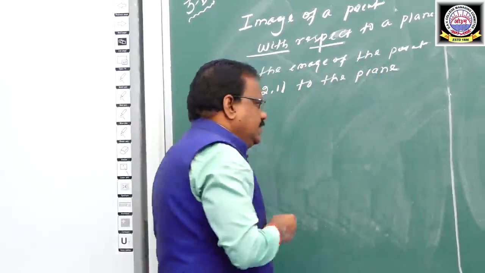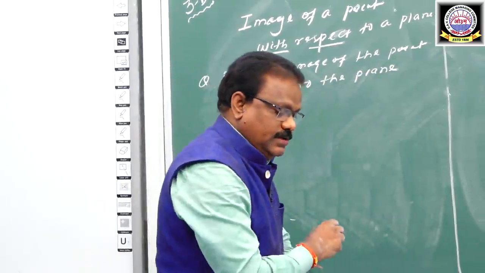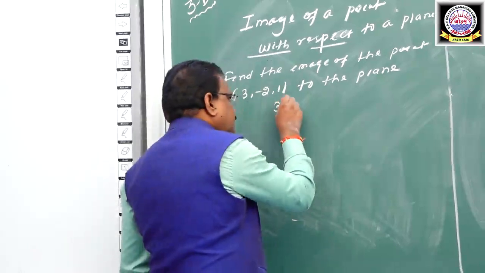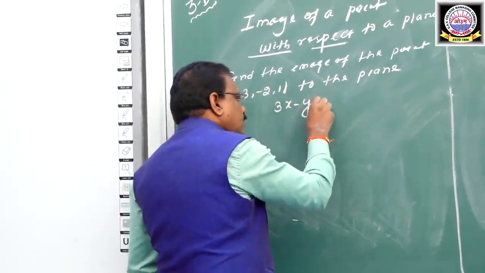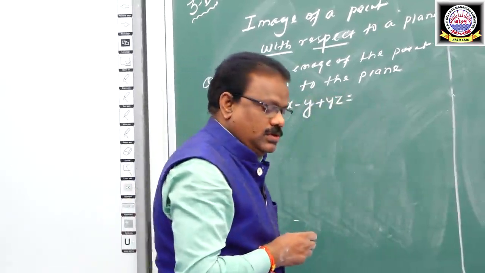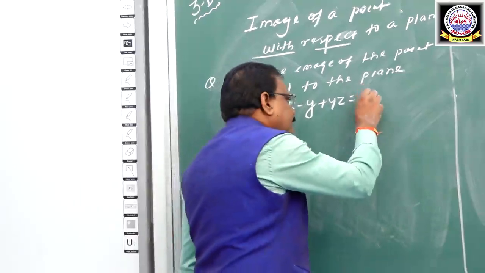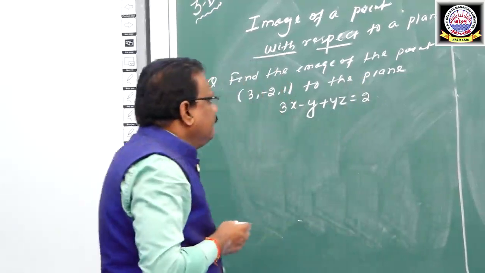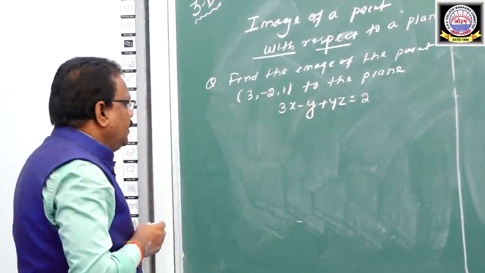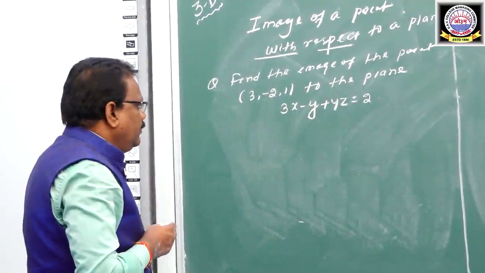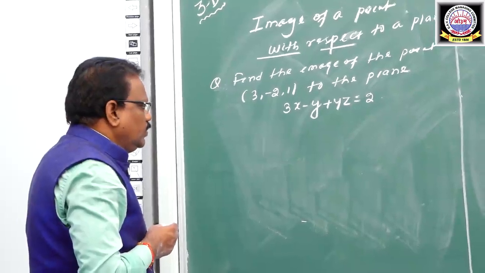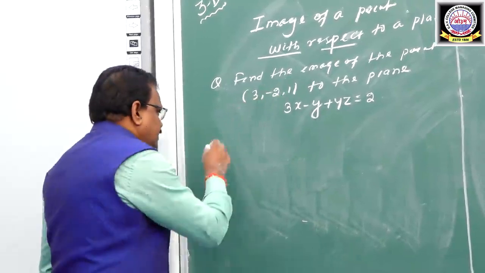The equation of the plane is given: 3x - y + 4z = 2. Find the image of the point (3, -2, 1) to the plane 3x - y + 4z = 2. So the figure is already there.